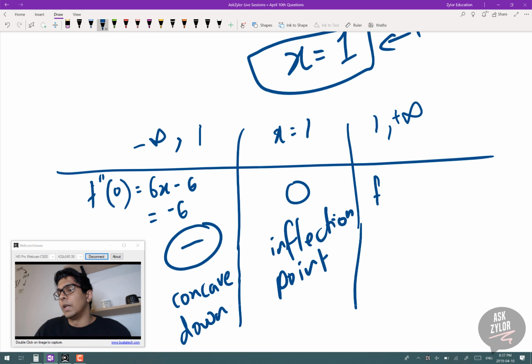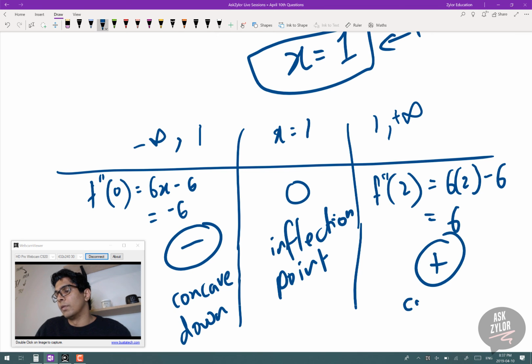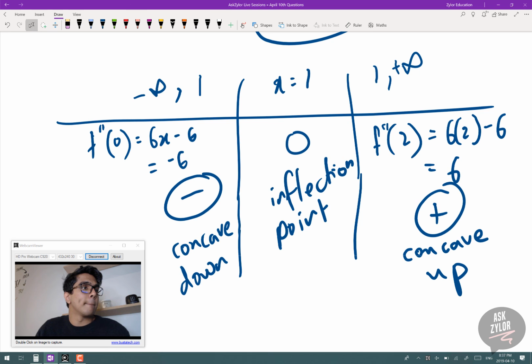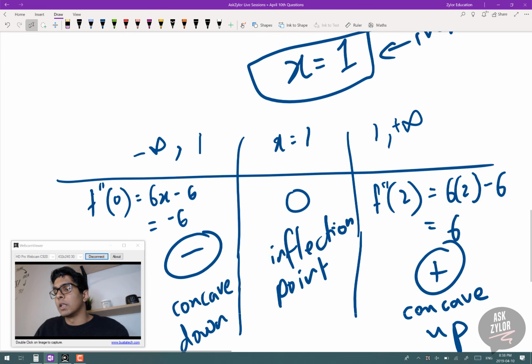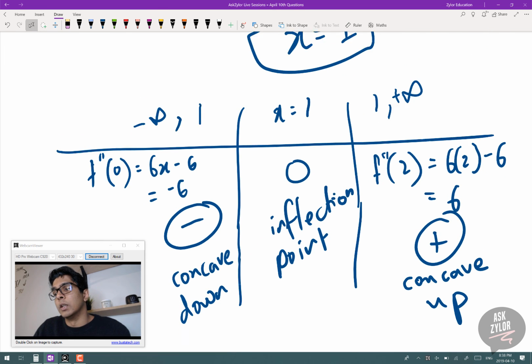So then I can go ahead and find when x is greater than 1. I can plug in 2, for example. So I get 6 times 2 minus 6, so I have 6, which is a positive number, which means I have a concave up. So this tells me I can describe my critical points using these intervals.